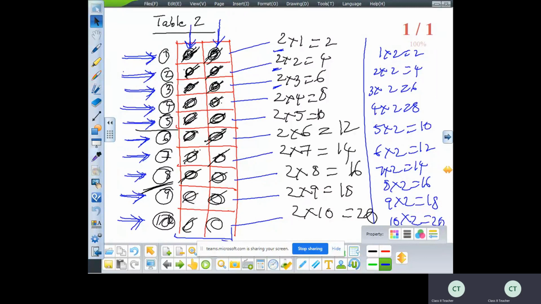Now write this table in your classwork. We have finished table 1 and table 2. Otherwise, you can see page number 85 in our math book.